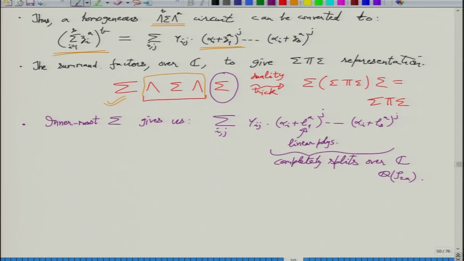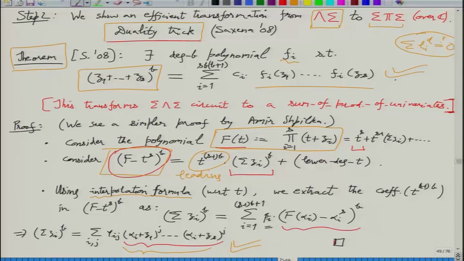No, so okay, what we can do, what are these alpha i's? Let us go back. How did the alpha i's come into the picture? We chose them.